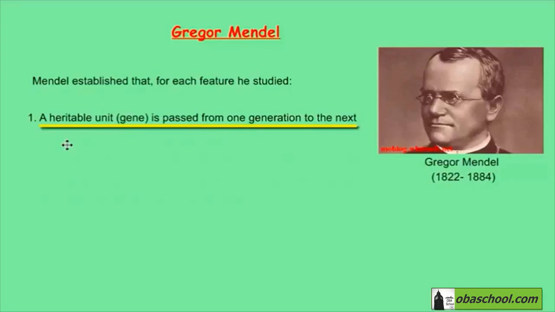When he was first working on pea plants, he did not know that the heritable unit is a gene. It was discovered after the discovery of DNA.